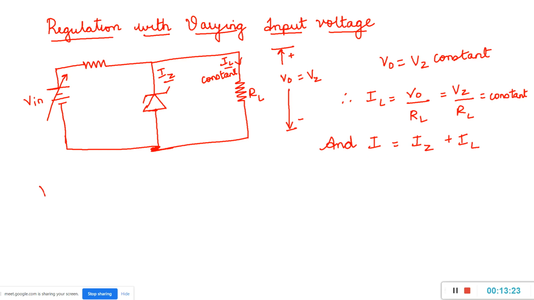Now consider Vin increases. Input increases. Vin is this one. When Vin increases, the current also increases. That is, I equal to Iz plus IL also increases.